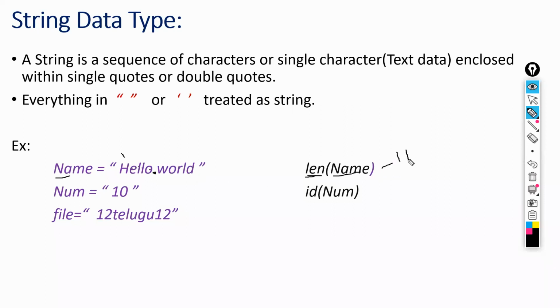It shows 11 as the value. If I want to find the length of num, 1, 2, simply it's 2. The length of the file, there is a space, right? 1, 2, 3, 4, 5, 6, 7, 8, 9, 10, 11. It shows 11 as the answer.